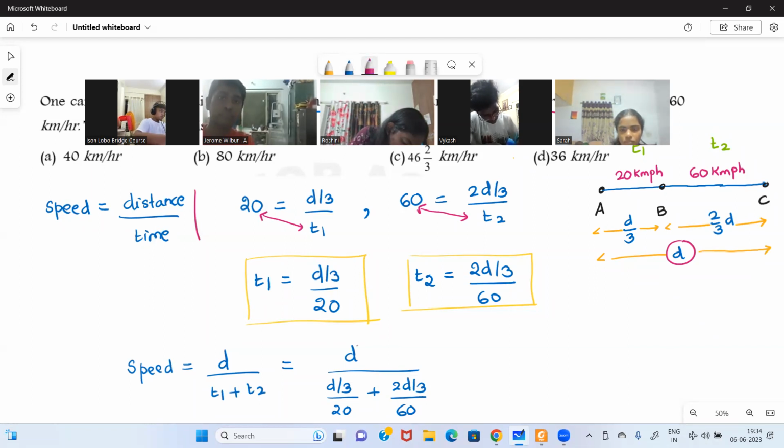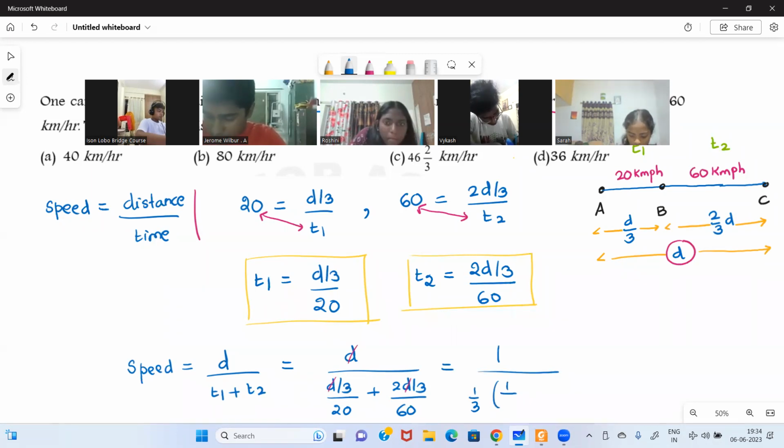So I can take out D and cancel it. This would be nothing but 1 divided by, I can take a 1 by 3 outside here.